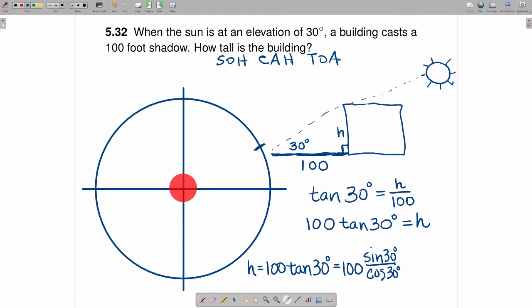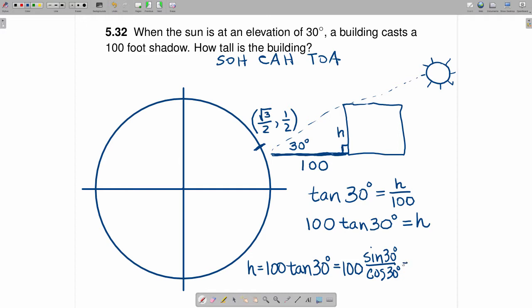And the coordinates of that point are the square root of 3 over 2 and 1/2. So let's label that. That point has coordinates the square root of 3 over 2 and 1/2. Furthermore, we know that this first coordinate is the cosine and the second coordinate is the sine of 30 degrees.